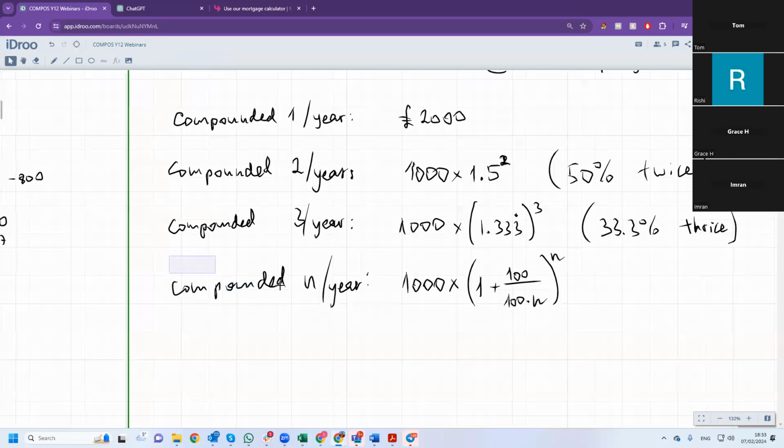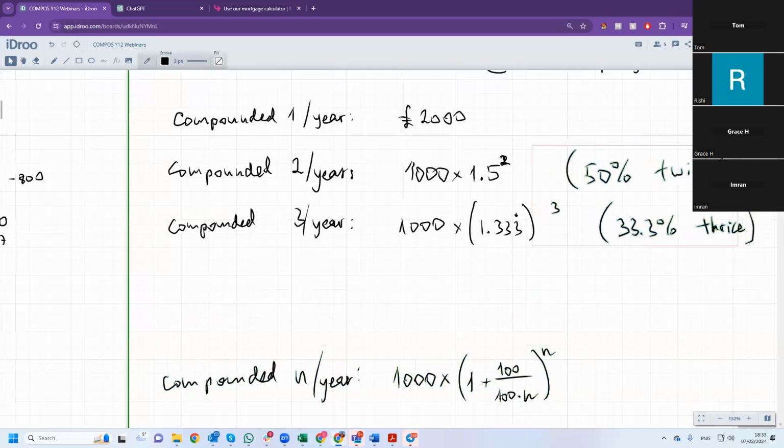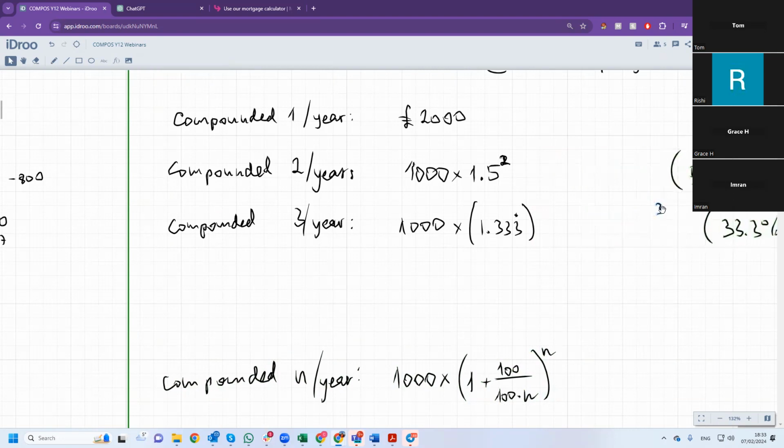Right? Because if you think about it, how did you get 50%? Well, it's 1,000 multiplied by 1 plus 100% divided by 100 times 2, to the power 2.